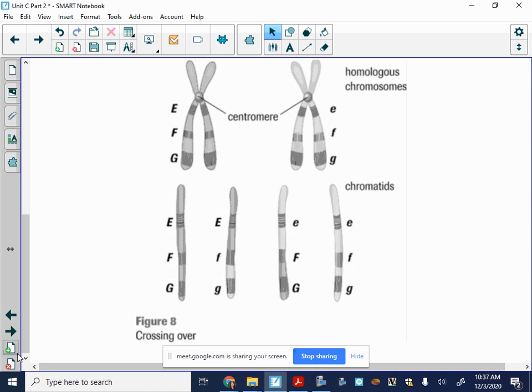So the genes that are far apart are going to cross over more frequently than those that are close together. So E and G are going to have a higher crossover frequency than genes E and F.